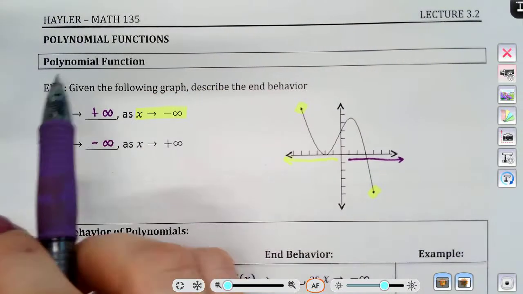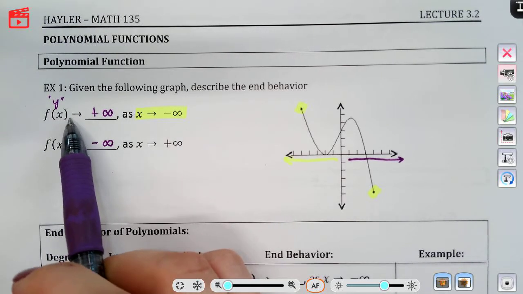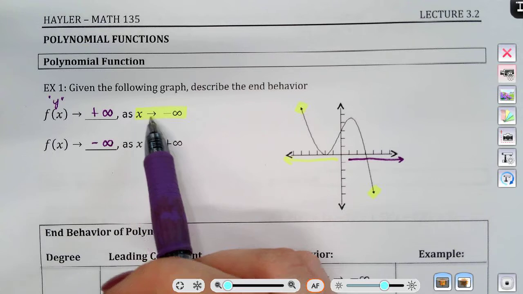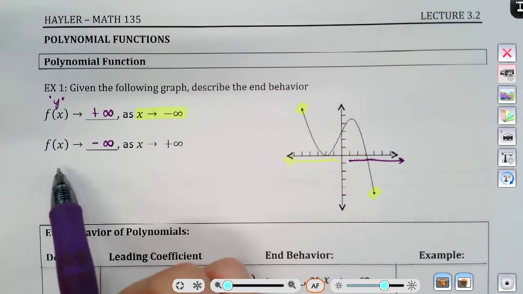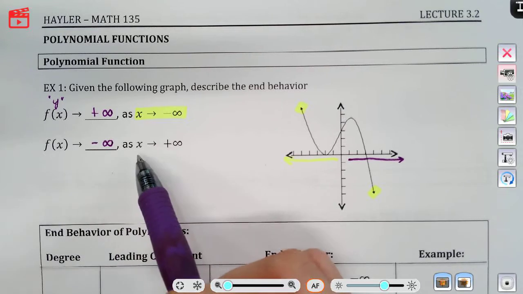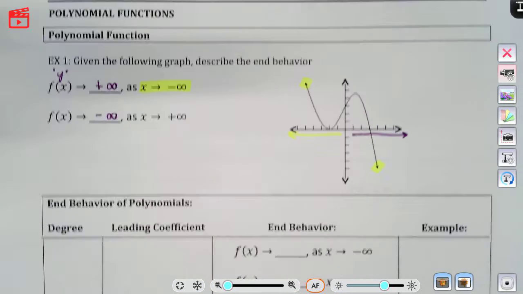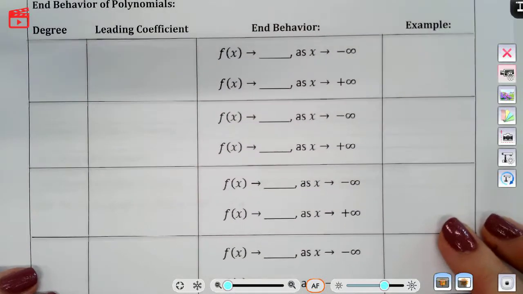How we read this is, f of x approaches positive infinity as x approaches negative infinity. And f of x approaches negative infinity as x approaches positive infinity.